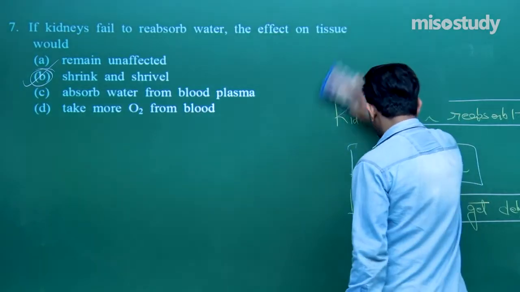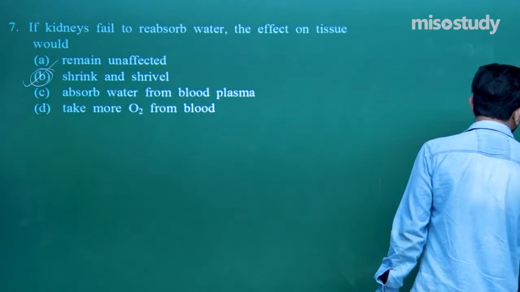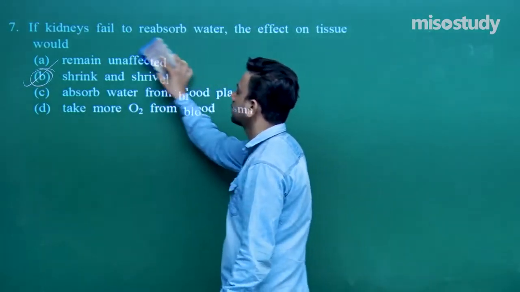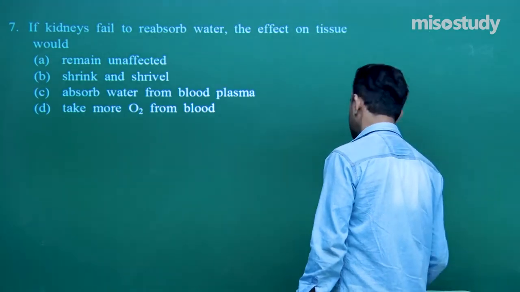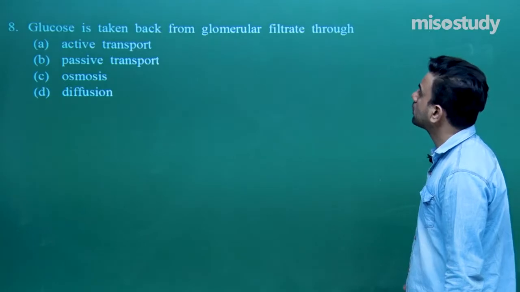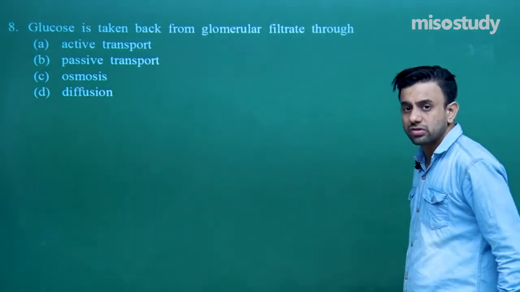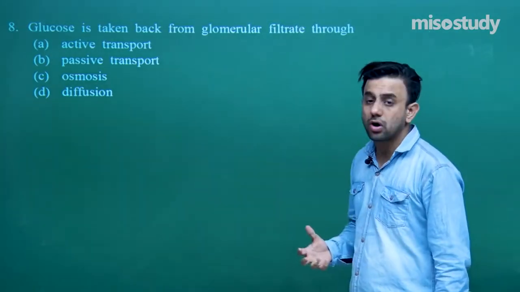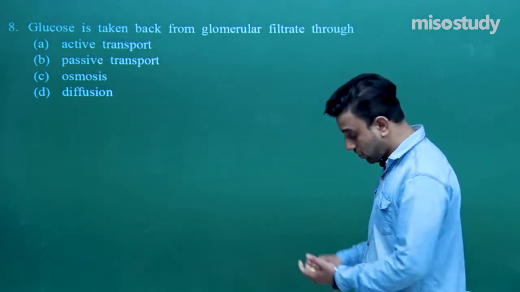Let us go on to the next question. Glucose is taken back from the glomerular filtrate through, yes. Now glucose is actively reabsorbed from the proximal convoluted tubule by the means of what?